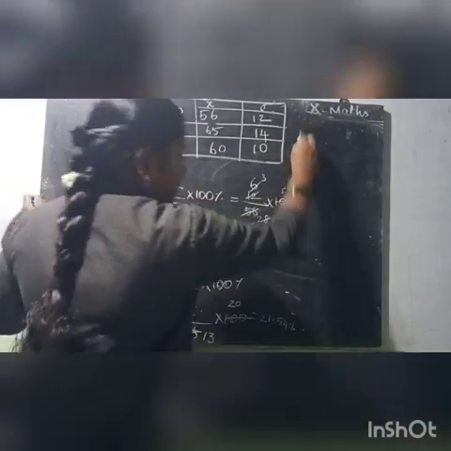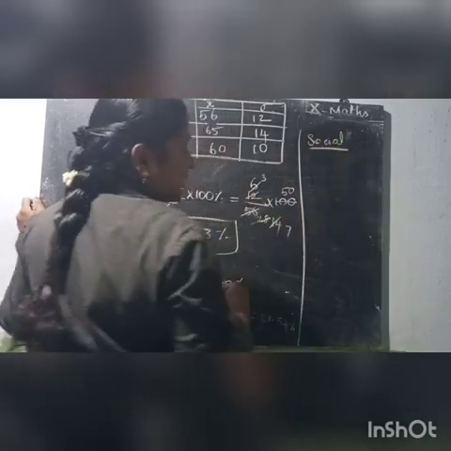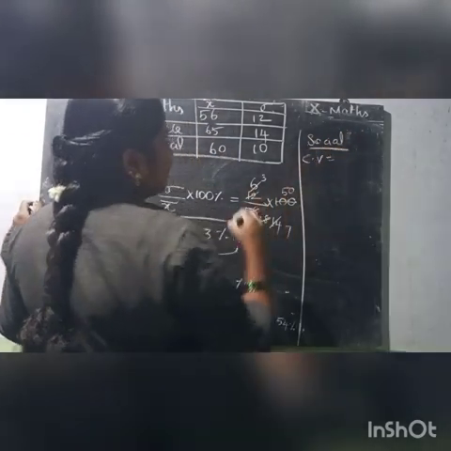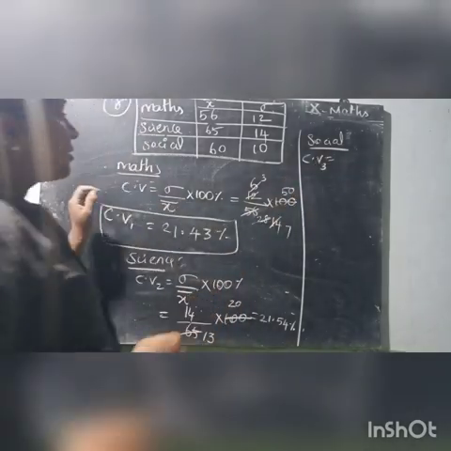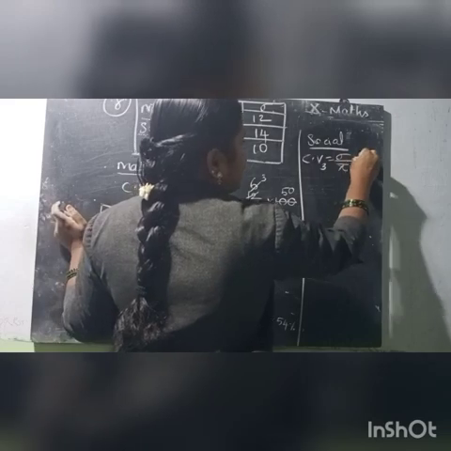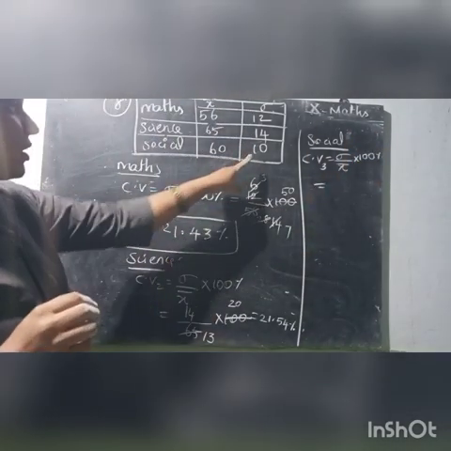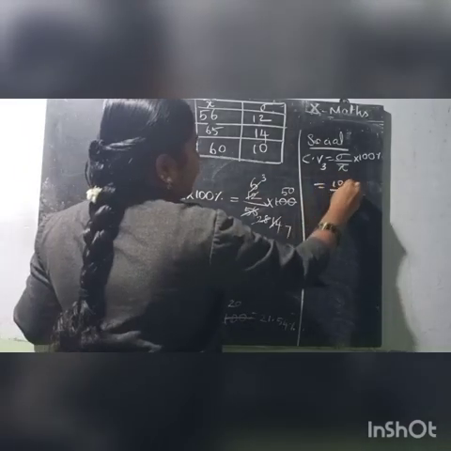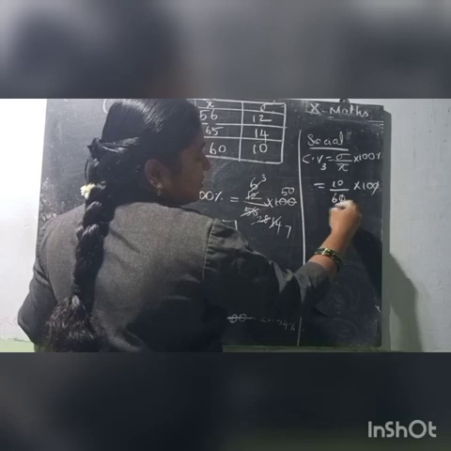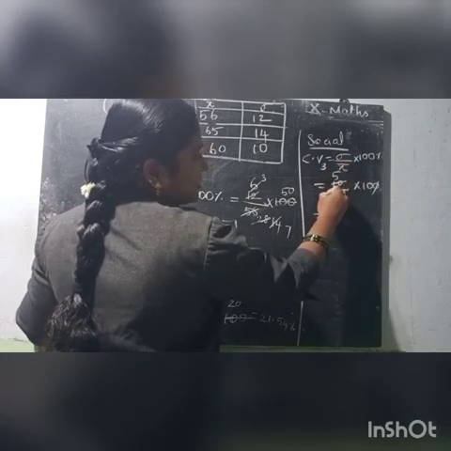Next for social science. Now coefficient of variation for the third subject equals standard deviation by x bar into 100 percentage. Standard deviation value is 10. So 10 by 60 into 100. The 0, 0 get cancelled. Now we cancel by the 2 table: 5 times, this is 3 times.